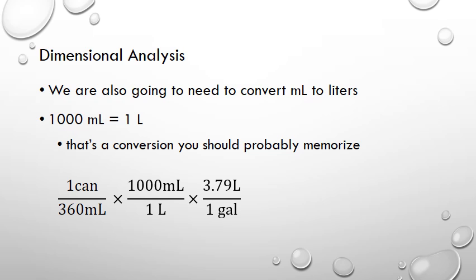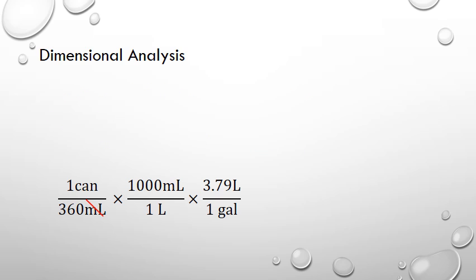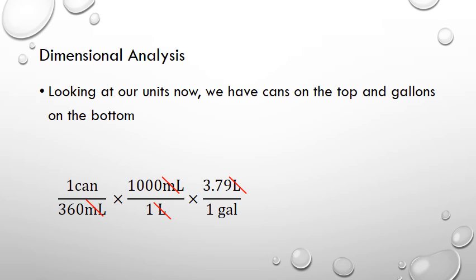Now, why did we do that? We want to cancel milliliters, we want to cancel liters. And applying the conversions in this manner does that for us. Milliliters cancel, liters cancel. We have cans on the top and gallons on the bottom. Now our next step is we want to get rid of gallons.